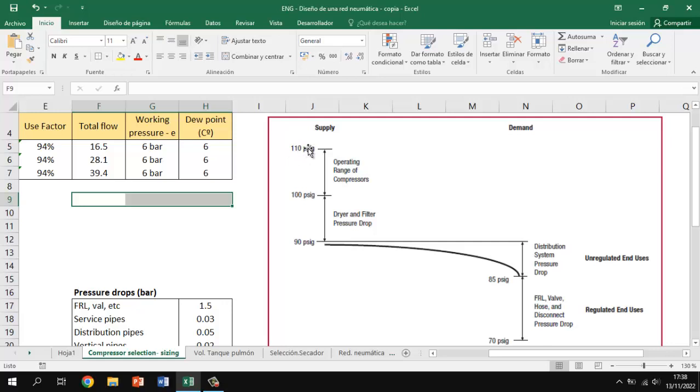So this is the discharging pressure. Then we have some drops from the sizing of the piping that we have, more drops for the distribution system, and then for some maintenance units like filters, regulators, valves, housing, so could be more.